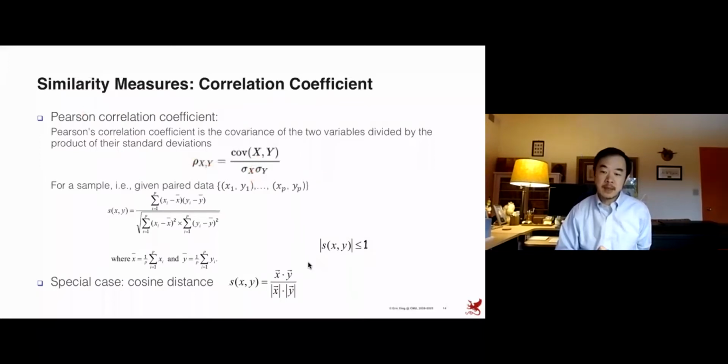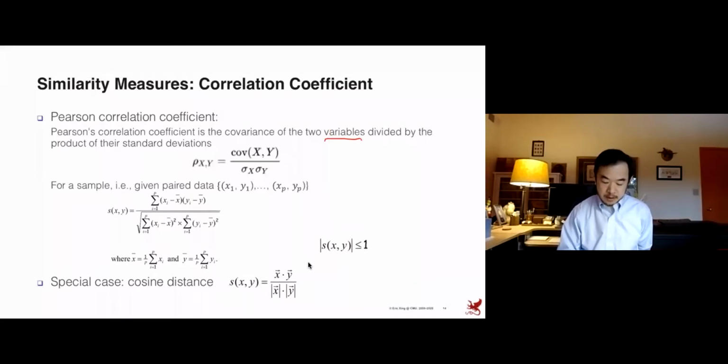But note that this is a definition over two variables, not two vectors. The same rationale can be applied to data vectors if you treat the vectors as samples from the variables.